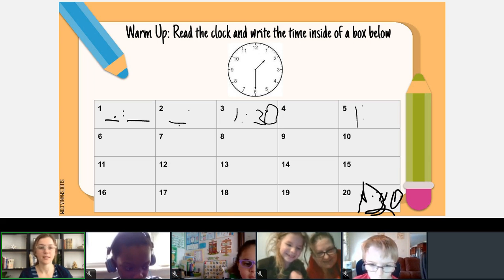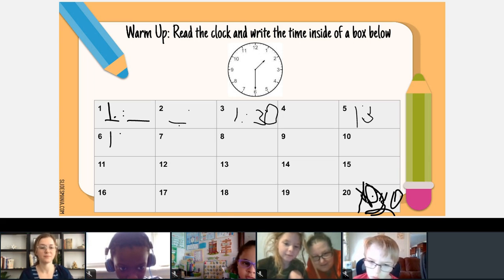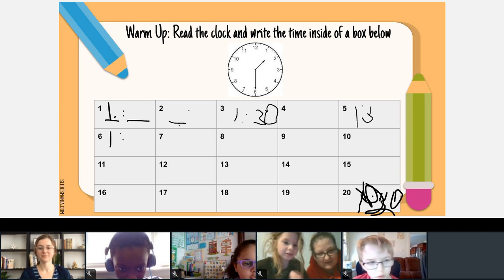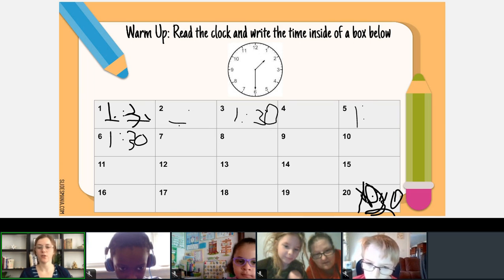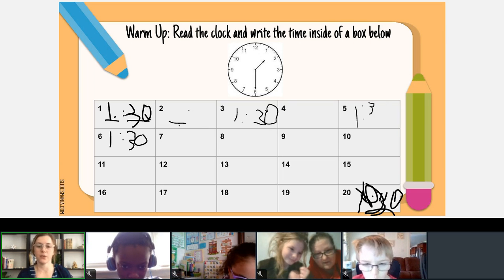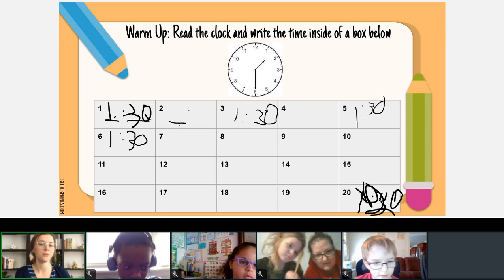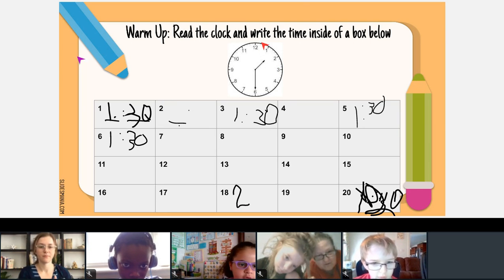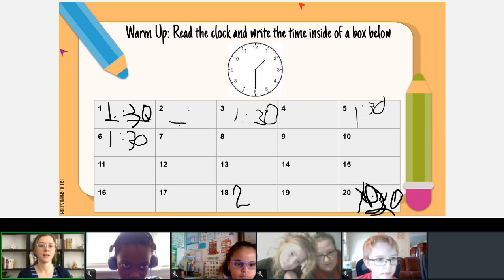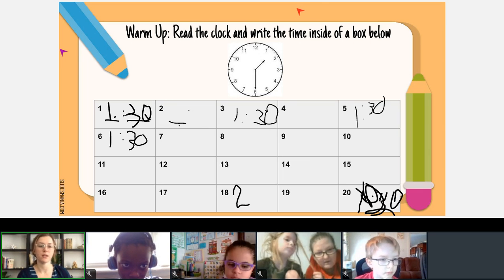All right, we've got a time in box 3 and box 20. Great job. You should see your pen tool somewhere. I don't know, they're different on all computers, but it might be on the right side or the left side, or you may have to hover your mouse under the word stride and then your toolbar will pop up. Yep, and then just make sure you're not using the pointer, you're using the pen.